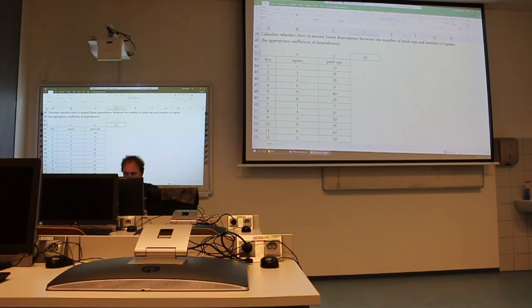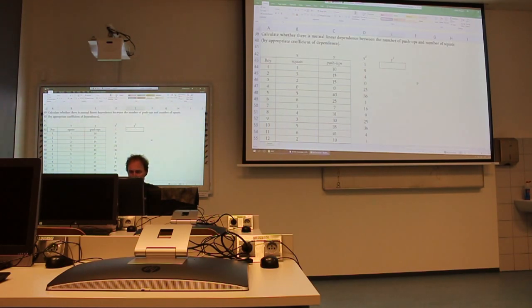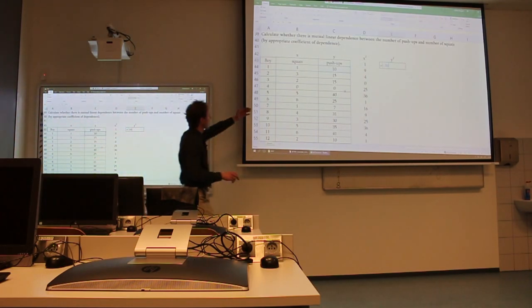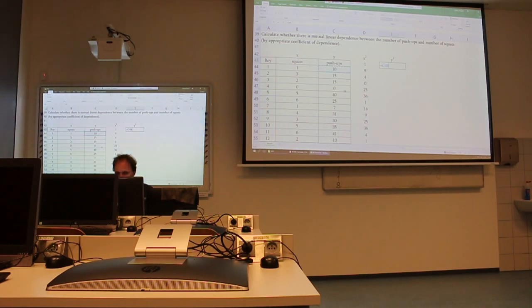Center. Right button, format cells, superscript, okay. So second power of variable x and second power of variable y. Equal sign, this value, power function, powered by 2. Then variable y, equal sign, number of push-ups, powered by 2.